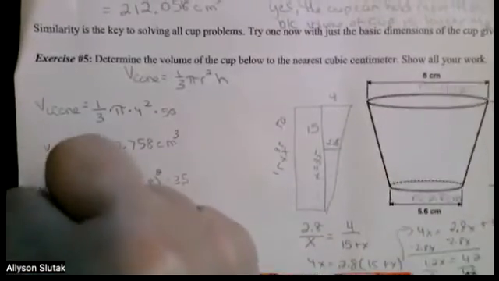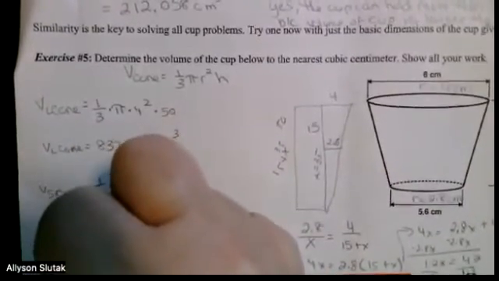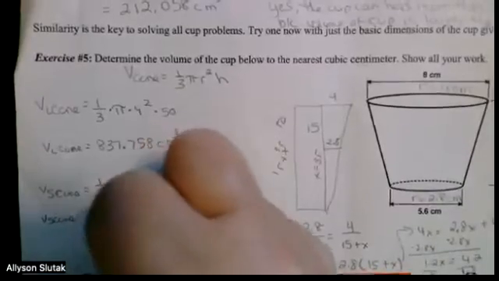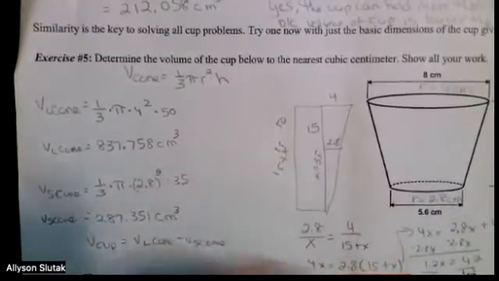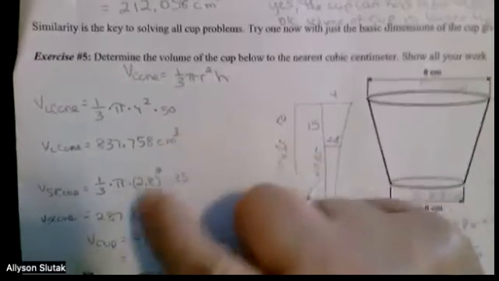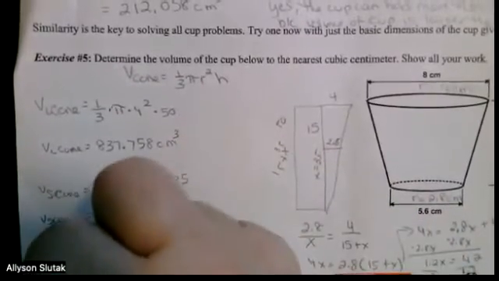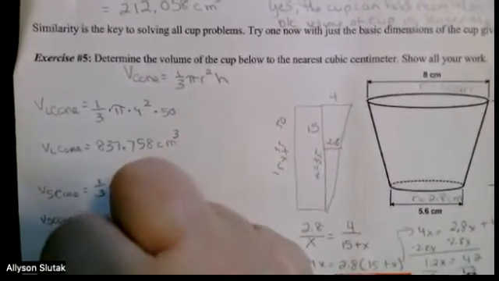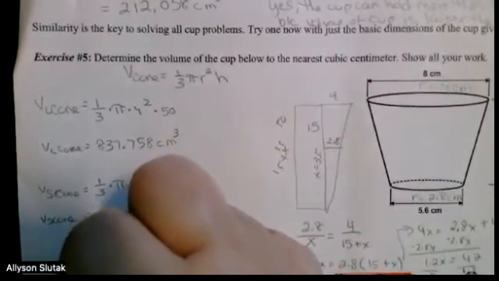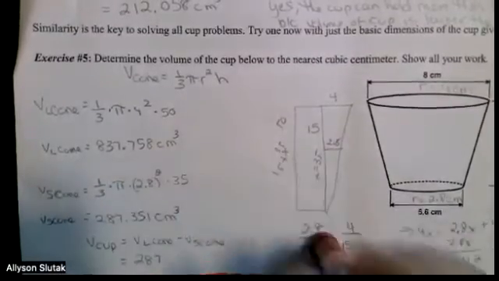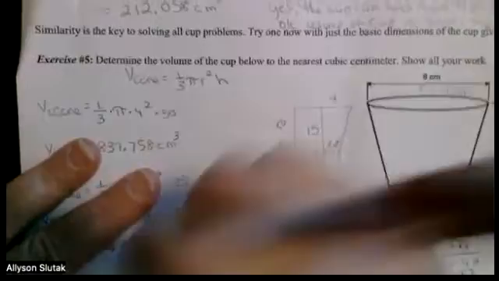And then they want you to find the volume of the cup. The volume of the cup is equal to the volume of the large cone minus the volume of the small cone. So when I take this number and subtract this number, I get, I'm sorry, wrong number.